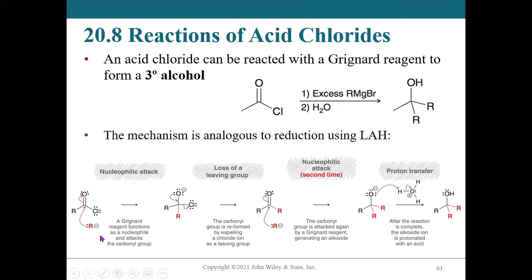So here the Grignard nucleophile attacks the carbonyl carbon, forming a tetrahedral intermediate, and then reforms the carbonyl, expelling the chloride as the leaving group. Another Grignard attacks and produces another tetrahedral intermediate, and then protonate this to produce the final tertiary alcohol.